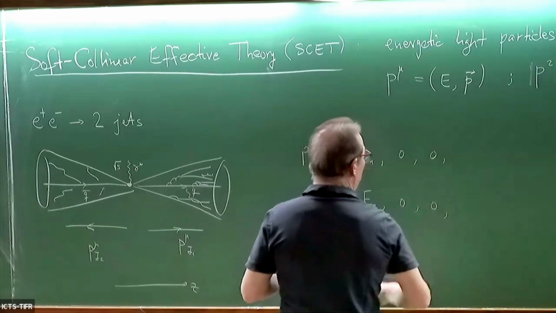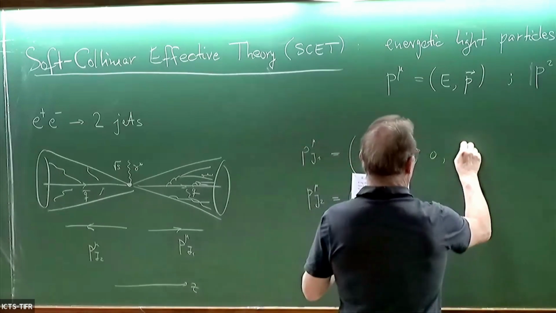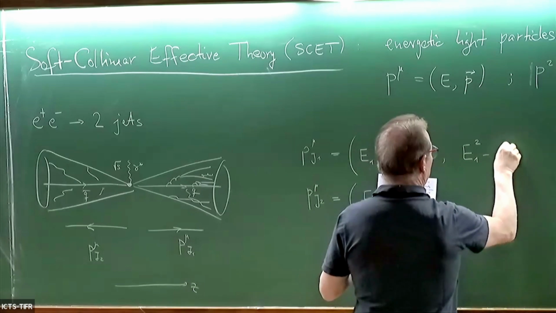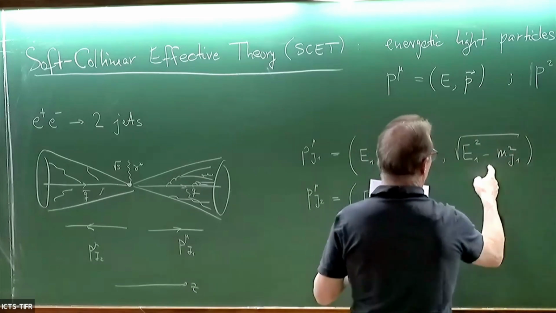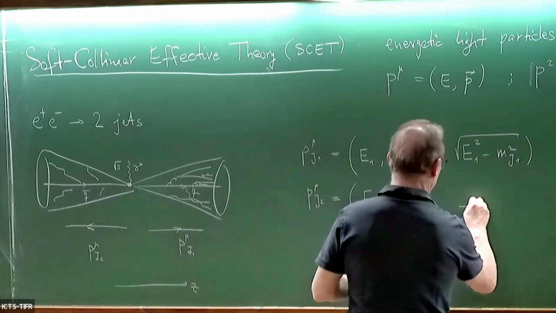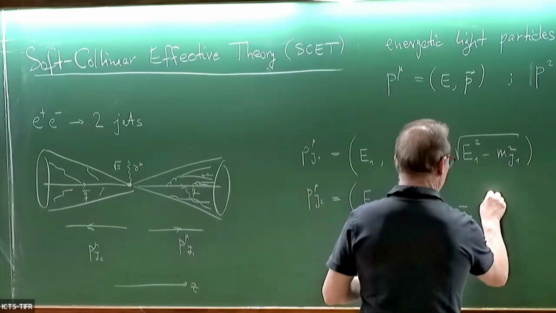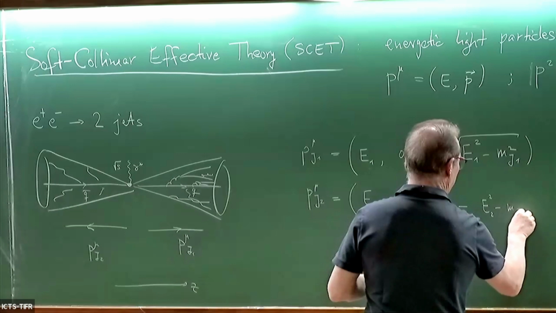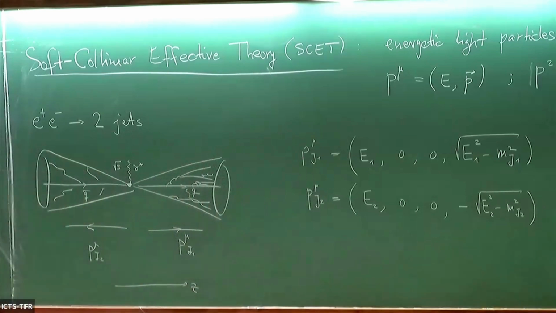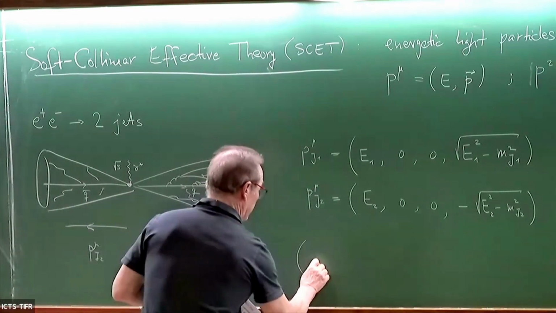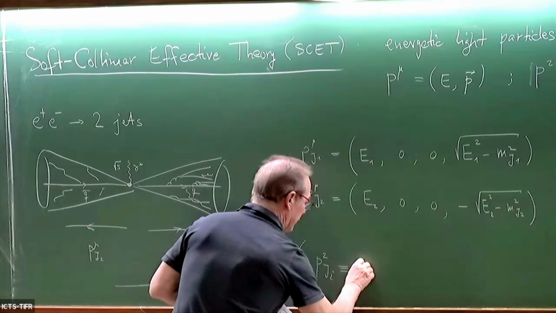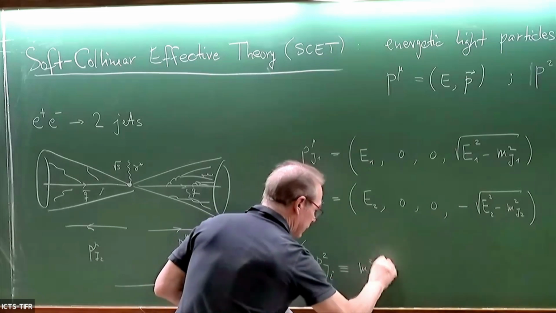In the z entry we have the square root of E1 squared minus m_j1 squared, a positive value along the z-axis for jet 1, and a negative value for jet 2, where this is the square root of E2 squared minus m_j2 squared. Here m_j1^2 and m_j2^2 are the invariant masses of the jets. So p_ji^2, the four-momentum squared, is what I define to be the invariant mass of each jet.